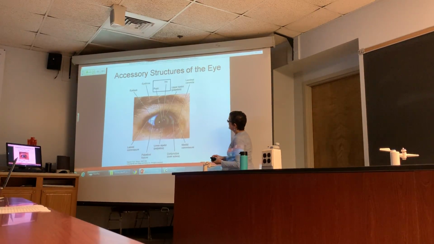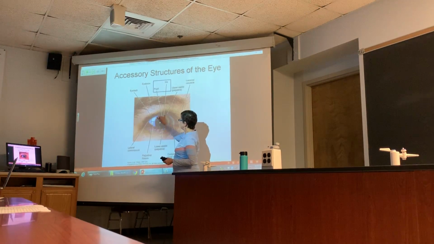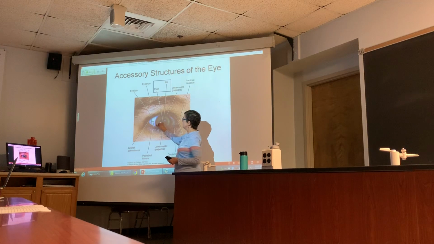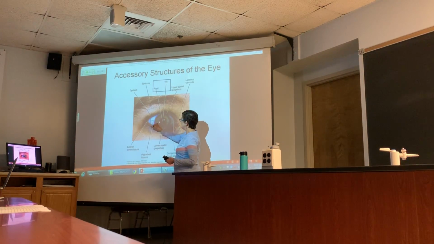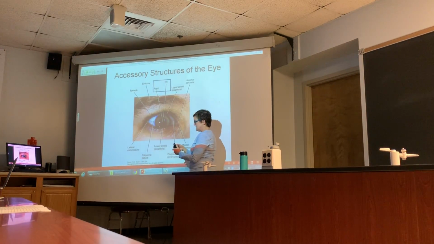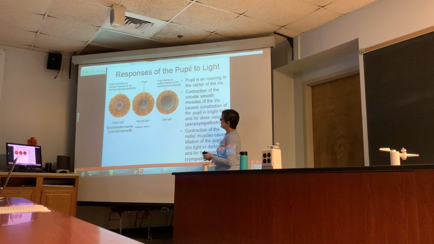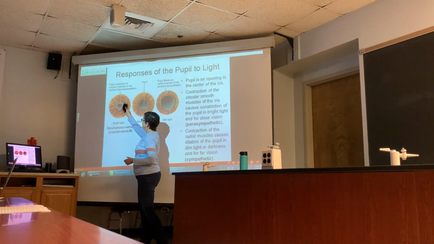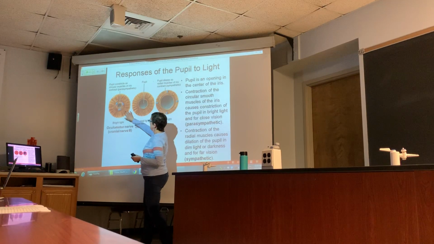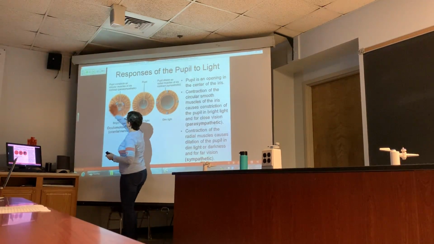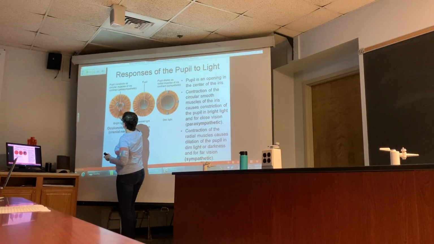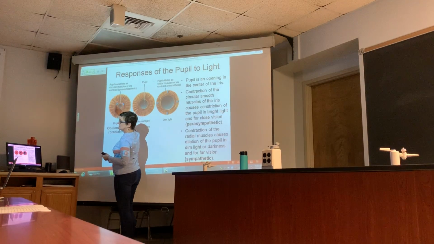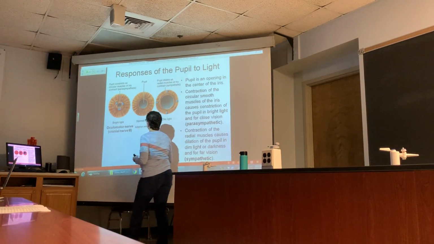So here again, the cornea is the clear covering, and the iris is this colored part, the pupil is that. And in your iris, I should say, here's the pupil, and here's the iris smooth muscle. You have radial, meaning the smooth muscle radiates outward this way, and you have circular. The smooth muscle runs in a circle around your iris.